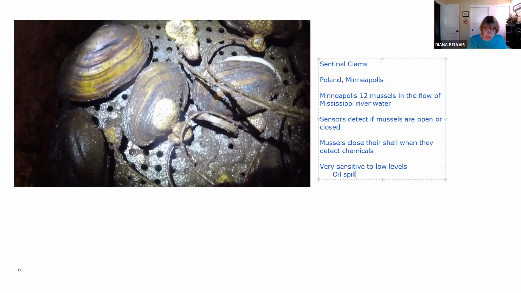So they can be used to detect oil spills and several other toxic chemicals. And mussels live for about 50 years. So this is a cheap and easy way to monitor specifically chemical levels in rivers, oceans, all kinds of places.